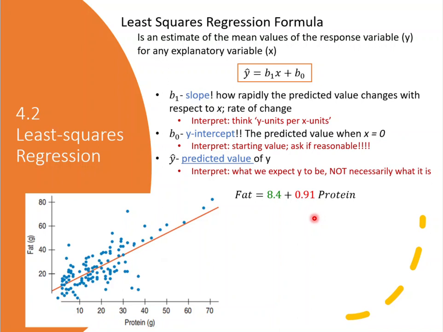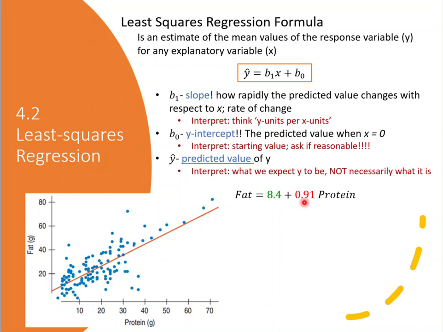Now, the first thing we want to identify is the slope. The slope is always going to be the number next to your explanatory variable. So in this case, protein is our explanatory variable, and therefore 0.91 has to be the slope.